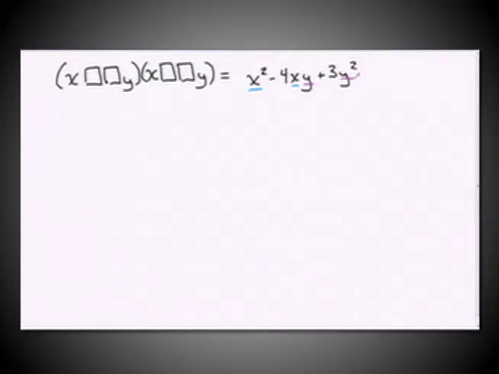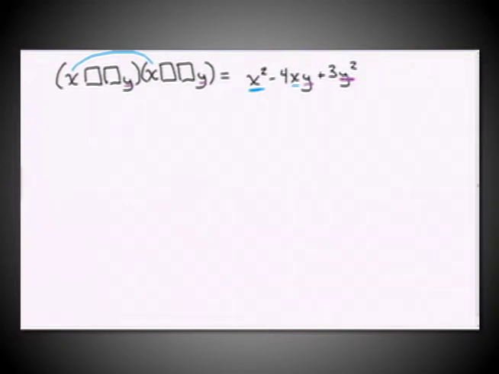So if you think about it before you ever get started on the actual problem, just like we saw with x squared plus bx plus c, we knew we had to multiply the first terms of both binomials to make the x squared term. Well, it's going to have the same idea with the y squared term on the end. So we know, not including the 3 here, we'll deal with that in a minute, but we know that we had to multiply y by y to make this y squared term on the end.